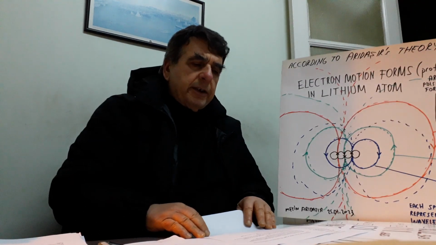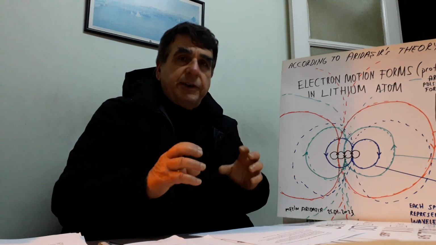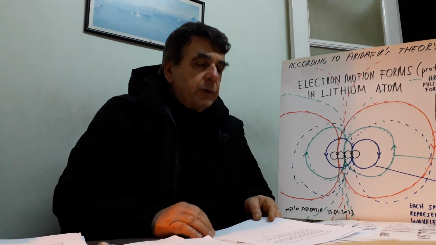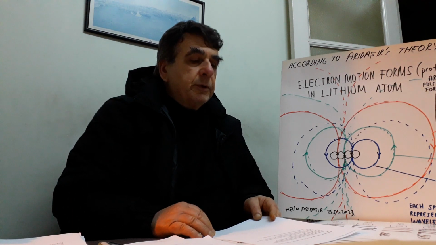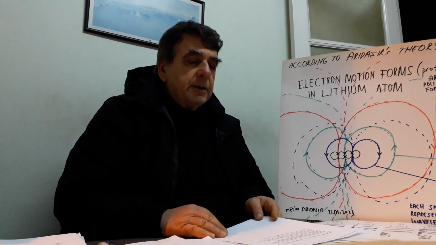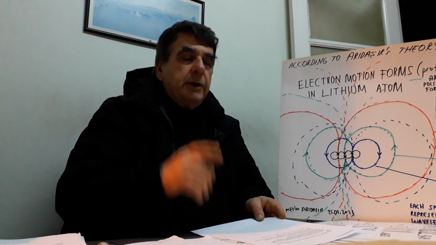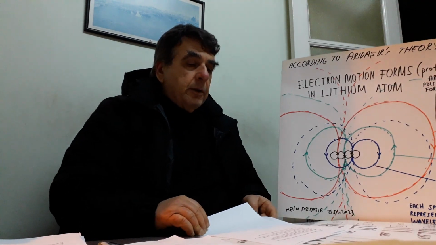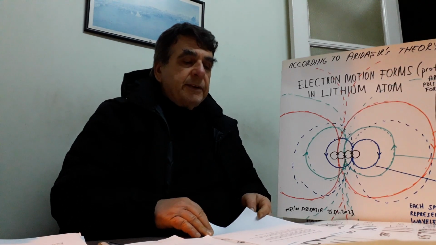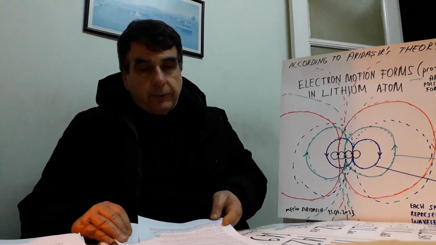Each proton-bound electron motion form can be thought of as a single wave pulse production machine, which works by the effects of successive waves of free electron motion forms from outside. Each spectral line represents one single wave pulse of a proton-bound electron motion form.